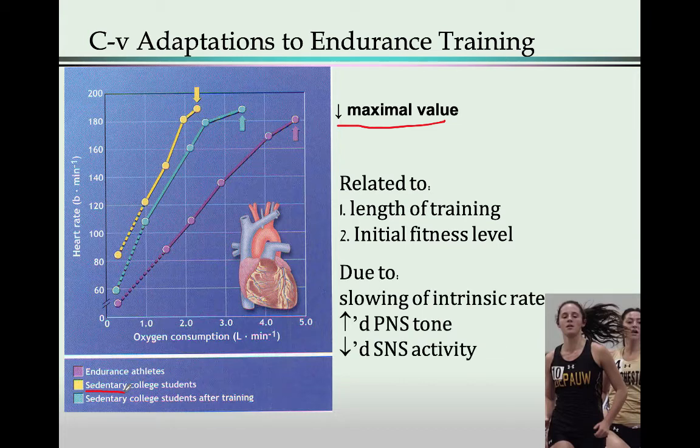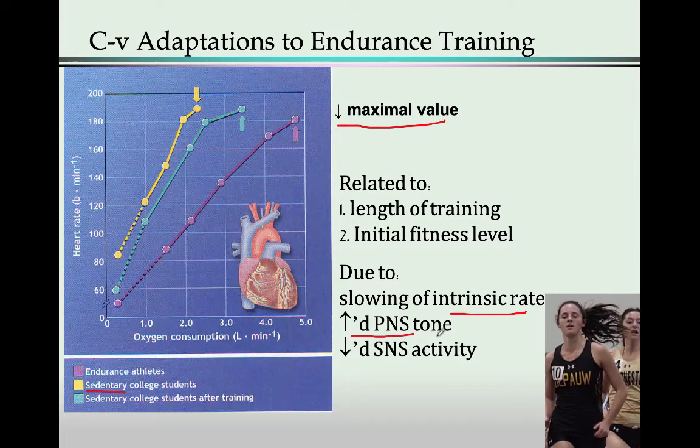The decrease in heart rate is due to several things. One is just a slowing of the intrinsic rate of the heart. You might remember that if we cut the vagus nerve and we cut the cardioaccelerator nerve, the heart would continue to beat on its own. Well, that pacemaker potential slope will flatten a little bit. A second thing that happens is we get an increase in the parasympathetic nervous system tone.